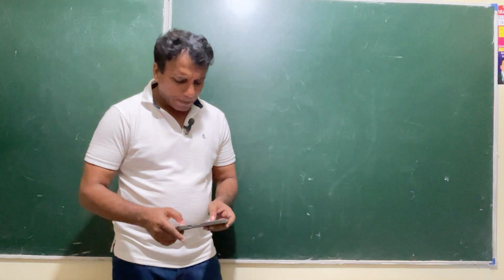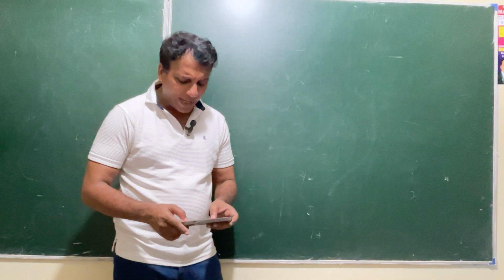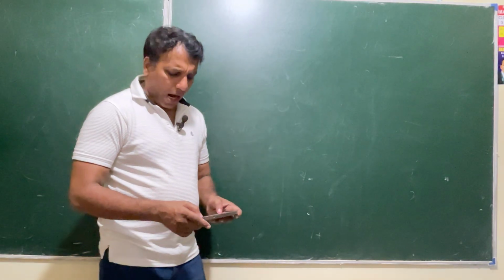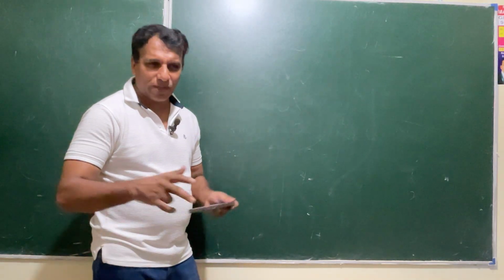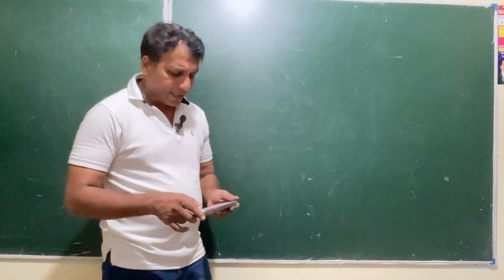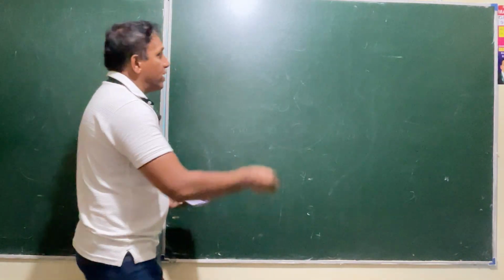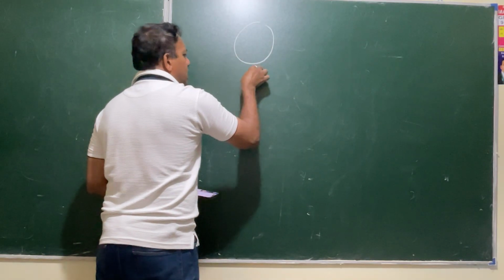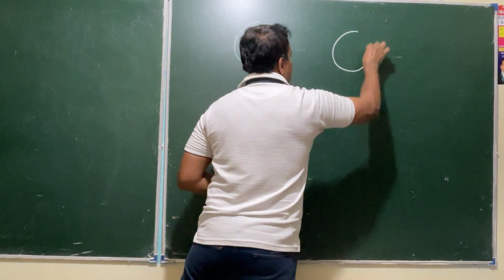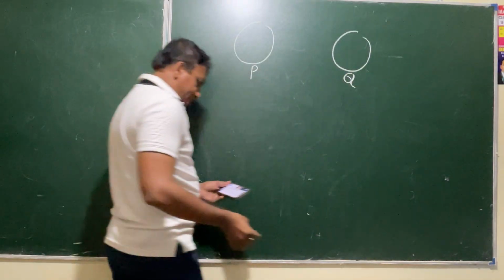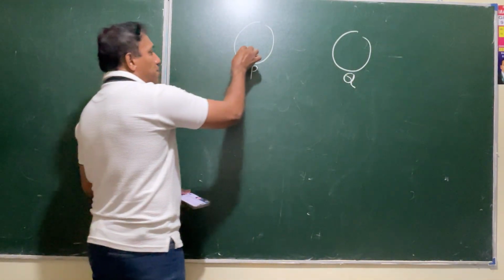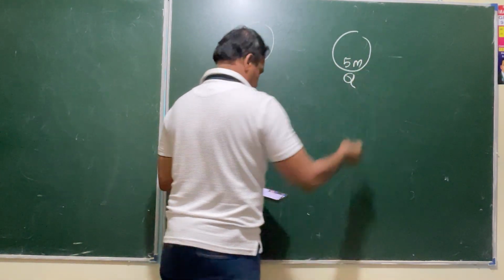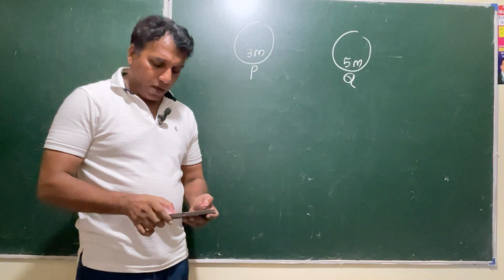The question is this: a particle P of mass 3m and a particle Q of mass 5m are on a smooth horizontal surface, along the table. Two masses P and Q. If I draw a nice picture, one is P, the other one is Q, with respective masses 3m and 5m, both at rest at the beginning.